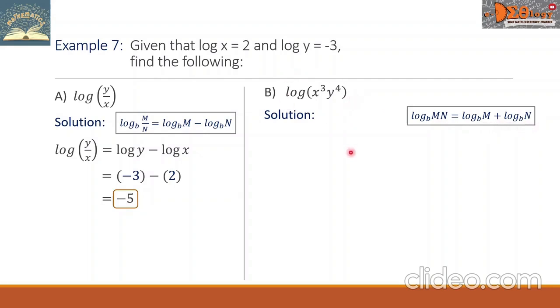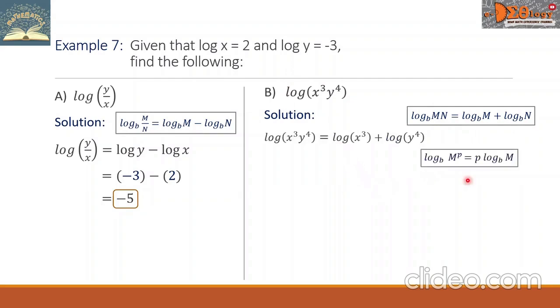Then we use another property about power. The log of m raised to p base b is equal to the power p comes down times the log of m base b. So we can rewrite this into 3 times the log of x plus 4 times the log of y.